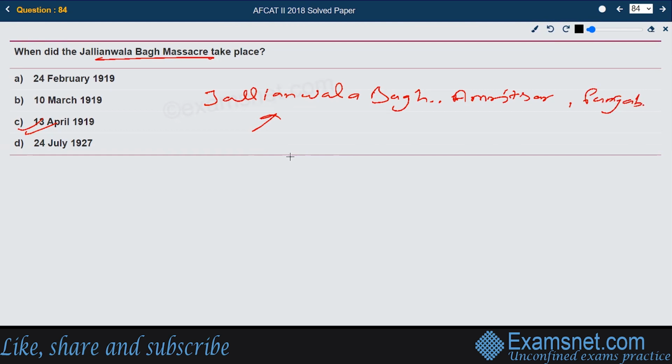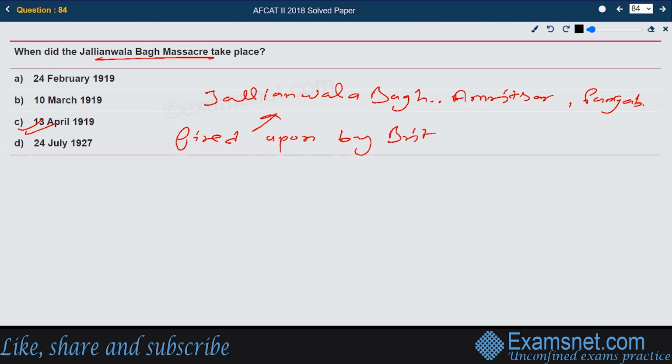They were just there to complete their Baisakhi rituals, but they were fired upon by British Indian Army troops.